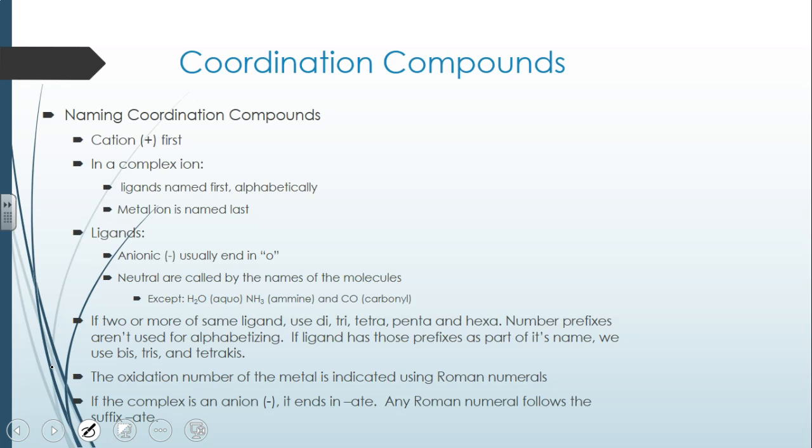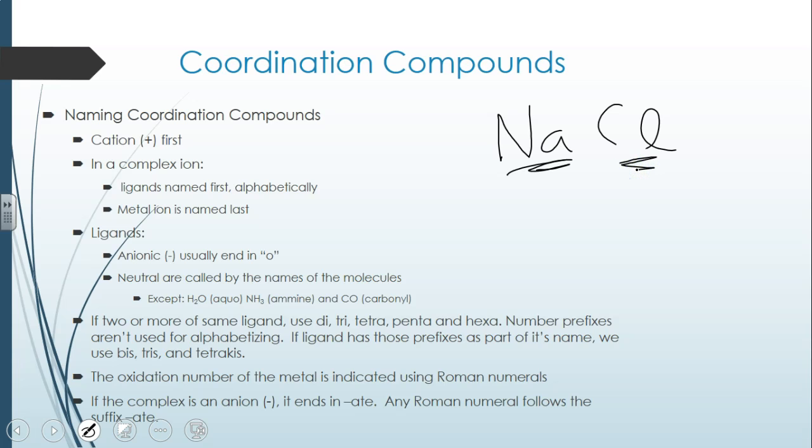But here's what happens. In a coordination compound, you always name the positive ion or the cation first. And this is true anytime we're naming. So if we had a compound like sodium chloride, the sodium, the cation, is named first, and then we name chloride.